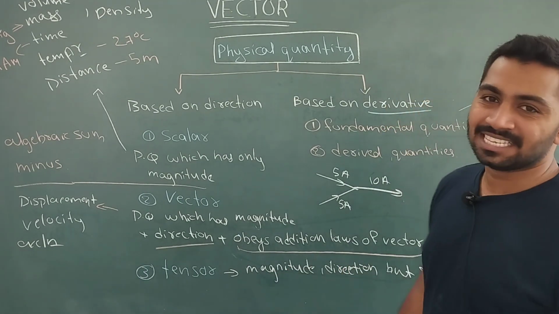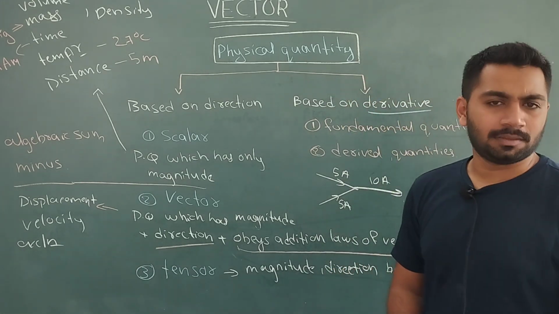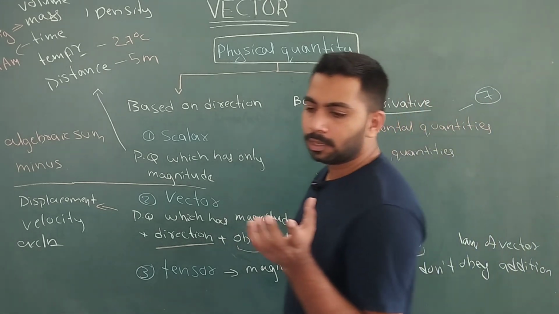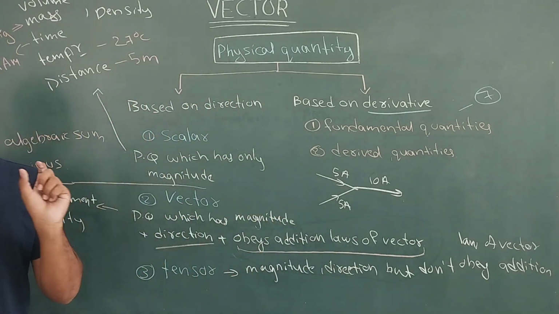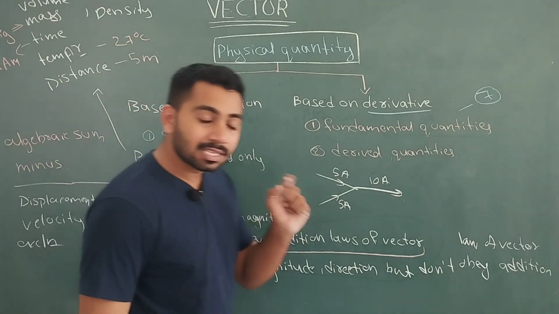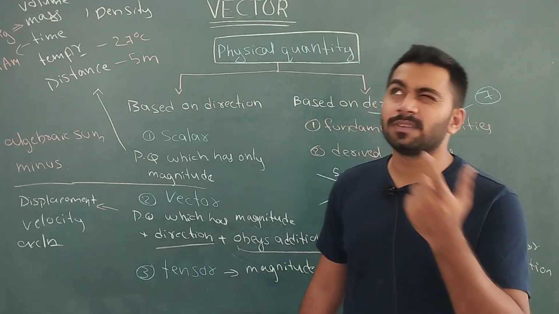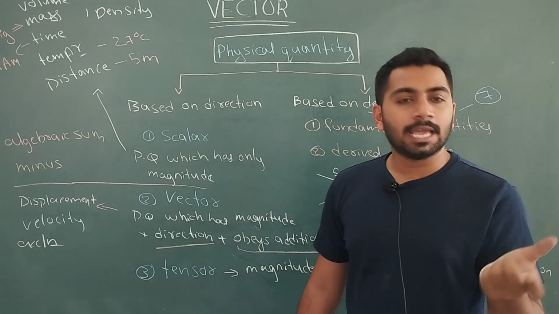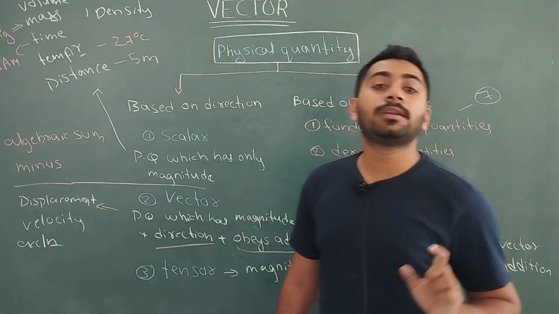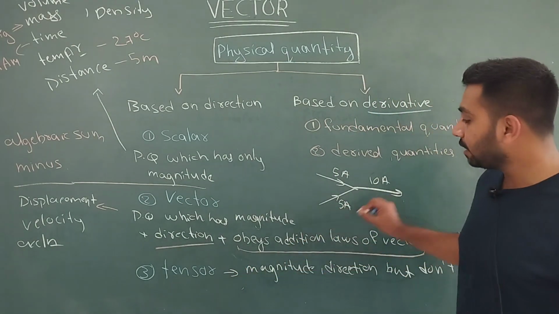Sir, what is this? Arey baba, what I am telling is simple. When they ask a question, electric current is which quantity, scalar or vector, you must pick scalar. If they ask electric current is which quantity, scalar, vector or tensor, at that time you will take tensor. If they have mentioned tensor, then only you will take current as tensor.